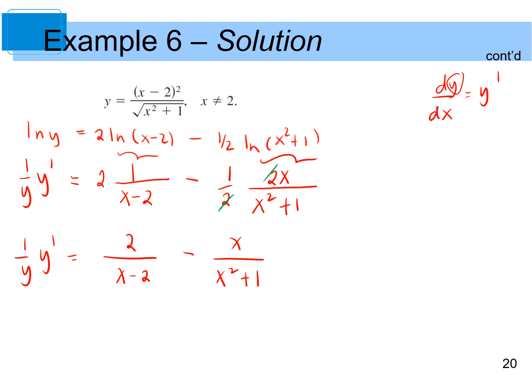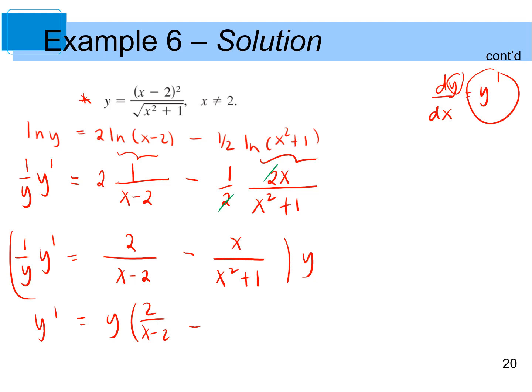Now, since we're looking for y prime, the derivative of y, we multiply both sides of the equation by y. So this becomes y prime is equal to y times (2 over x minus 2 minus x over x squared plus 1).